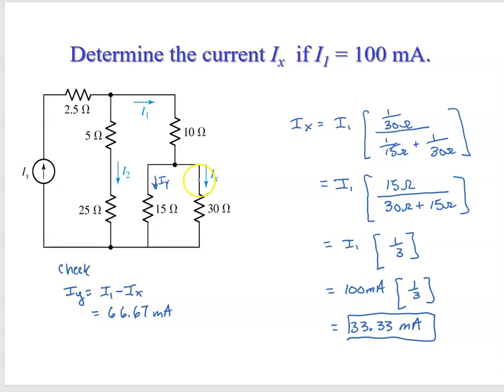And then what should be true is that VXY is equal to IY times 15, and it must also be equal to IX times 30. And of course, that checks. All right, we'll look at some more examples in later videos.